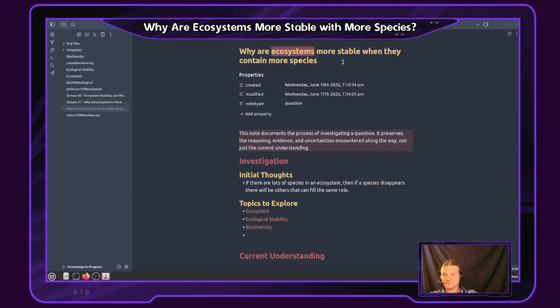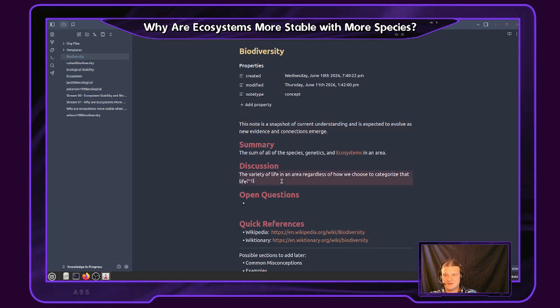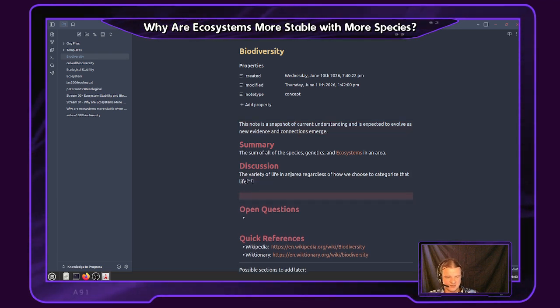We also want to look at containing more species, right? We were talking about biodiversity. One thing we can put in here in the discussion is that other source that I pulled, the book, right?